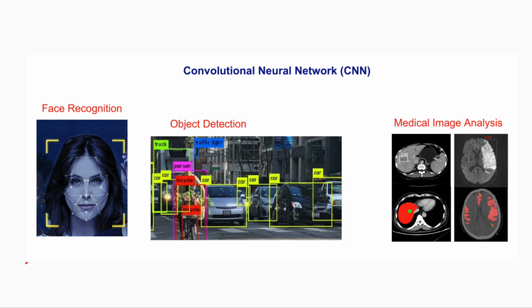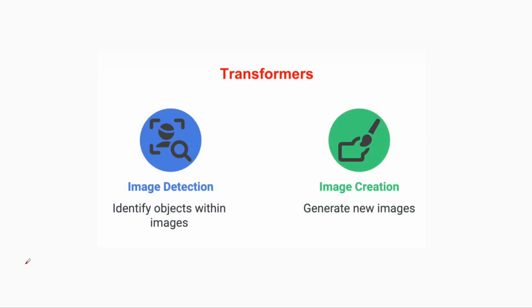In the earlier lecture, we understood that CNN, convolutional neural network, is used for image classification, such as face detection, object recognition, and diagnosis using medical images such as X-ray scans. CNN is used for detection, but transformers can be used for image detection as well as creation.